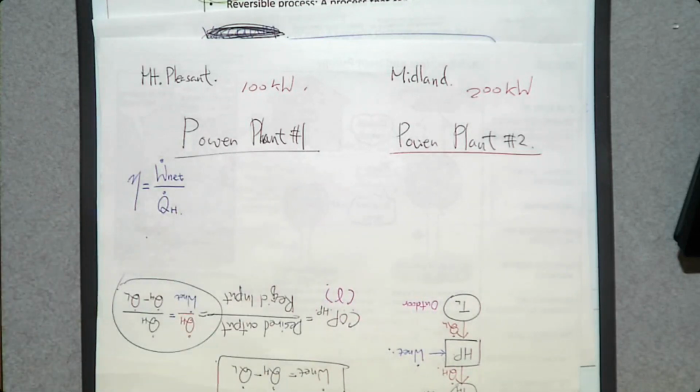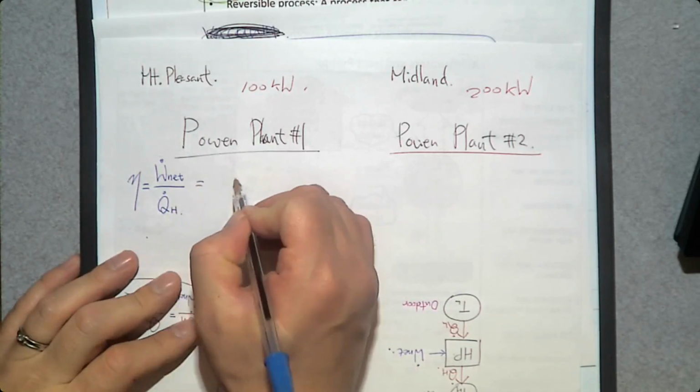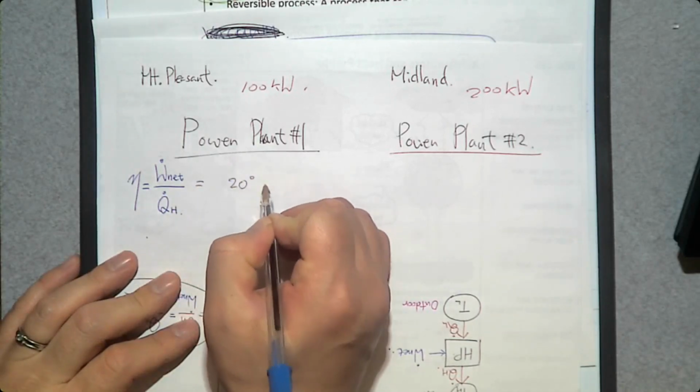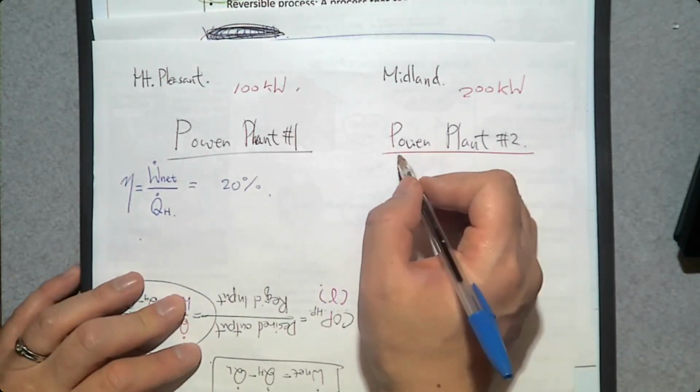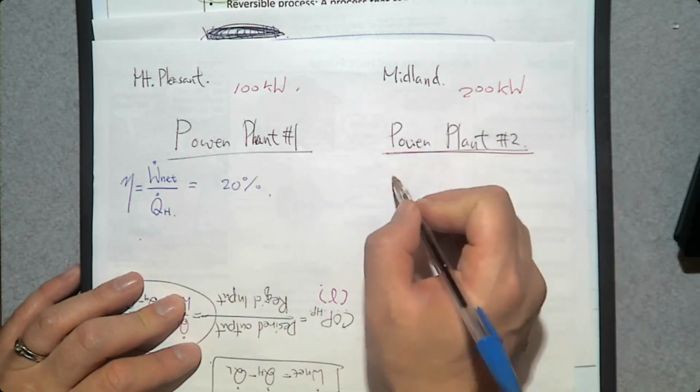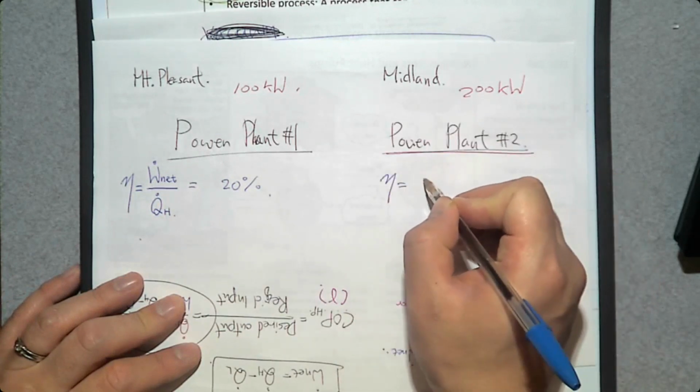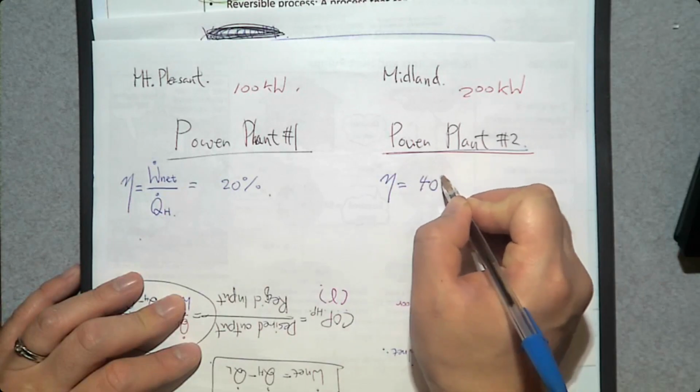So when you calculate the efficiency of the power plant in Mount Pleasant, it was 20%. Oh, that's pretty low. Then you calculate the efficiency of the power plant in Midland, it was 40%.